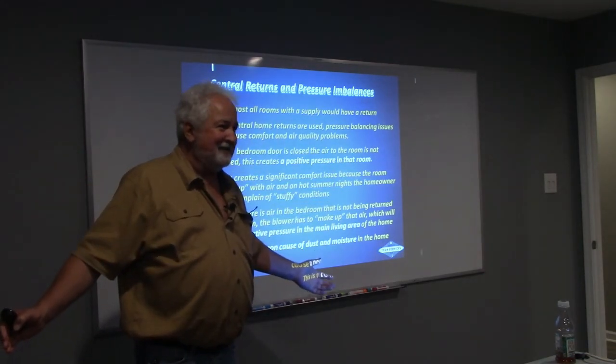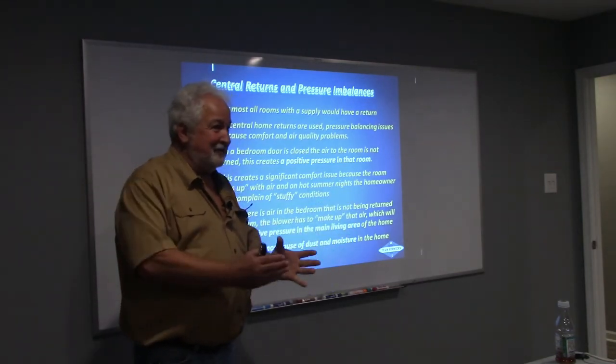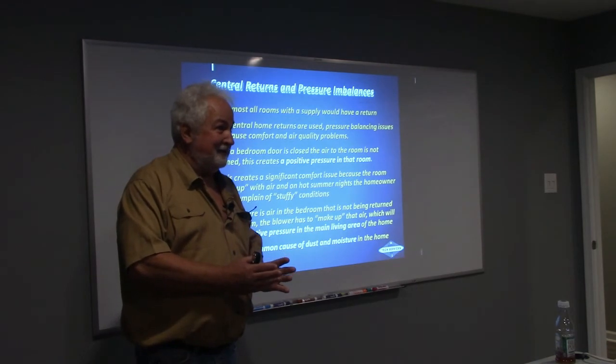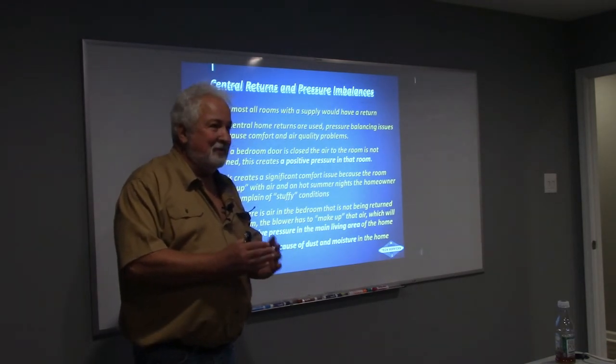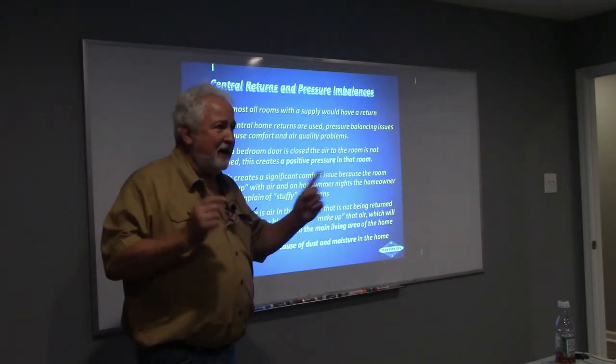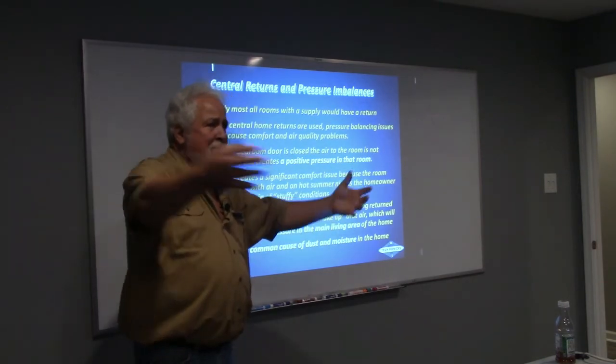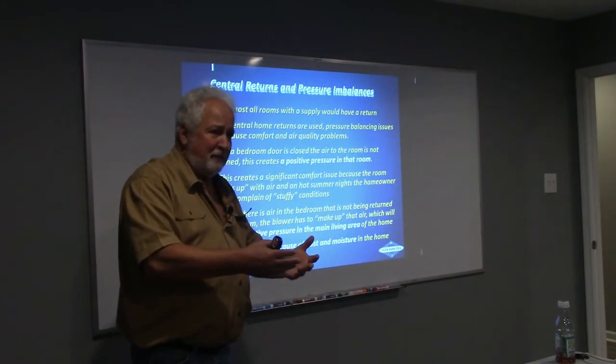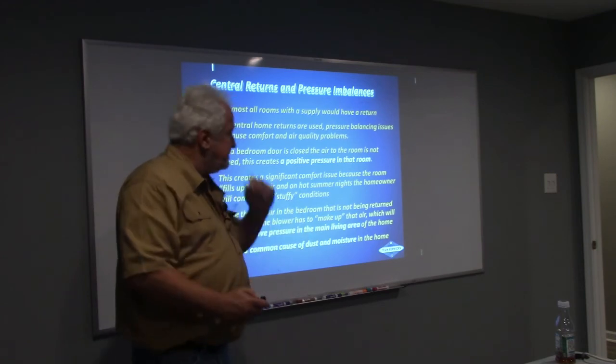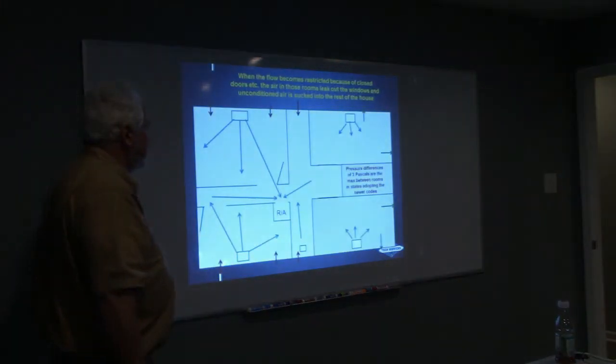We, in our infinite wisdom, say we're going to put one return in the middle of the house and make it as small as we can get it. So the problem with that is I have to have every door open in order to get the air going back there. Does that make sense? Let's see what happens when we don't do that.